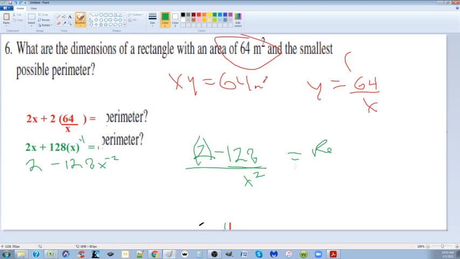I like the second method, but let's do it the way you're probably used to. So if we set this to 0, and we're going to put this whole thing on the right side. Why? Because it's negative. So we're going to add 128 over x squared. It's just a number. Anything as a whole is just a number. And when it moves to the right side, this is what you end up with.